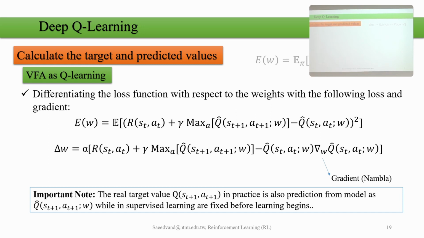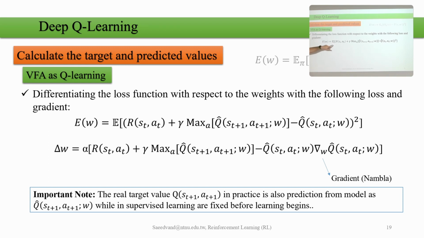Now, how can we calculate the target and predicted values and bring the value function as in Q-learning? We have already seen it. We can talk about differentiation of the loss function with respect to the weights, and the following loss can be calculated. So this is the same thing.